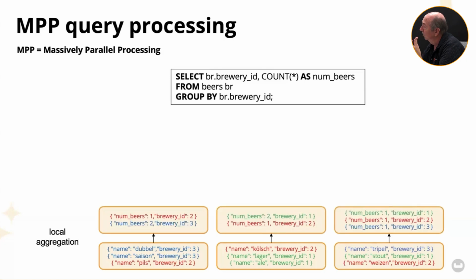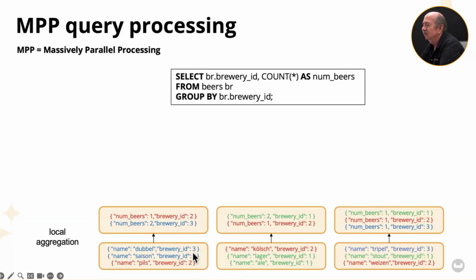So what we do is what most data warehouse kinds of systems do to process this kind of query in parallel. We start by having each compute node, so we've got 3 compute nodes assigned to help with this process, basically doing a local aggregation. So for each brewery ID, how many beers do they have locally?